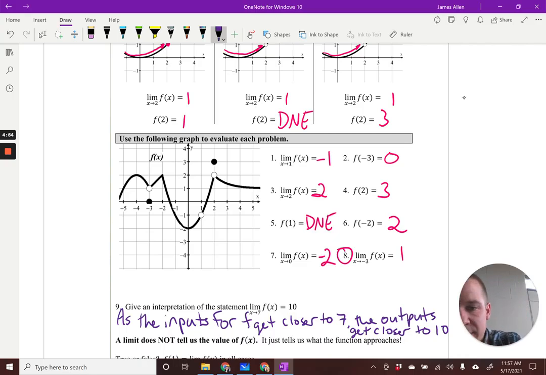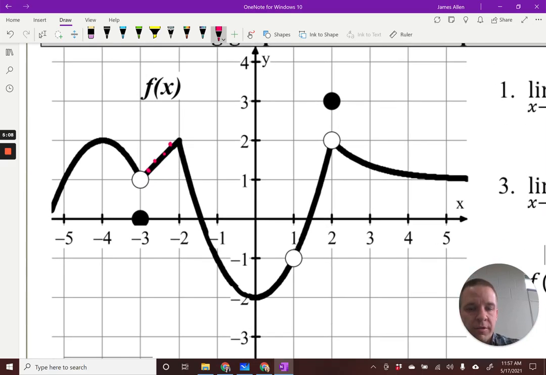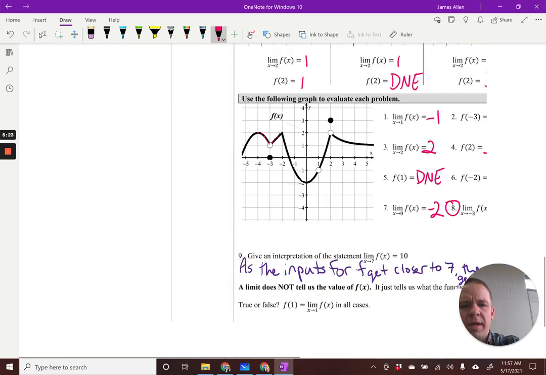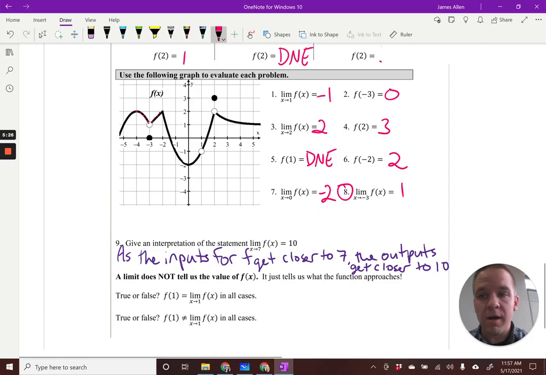Because if you look at this little stretch right here, let me go back to pink so it shows up. As I'm getting closer, my outputs, as you see those little pink dots, are getting closer to positive 1. And when I start up here, as I'm getting closer to negative 3 for my inputs, my outputs are getting closer to 1. So that's why my limit is 1. Hopefully that makes sense.